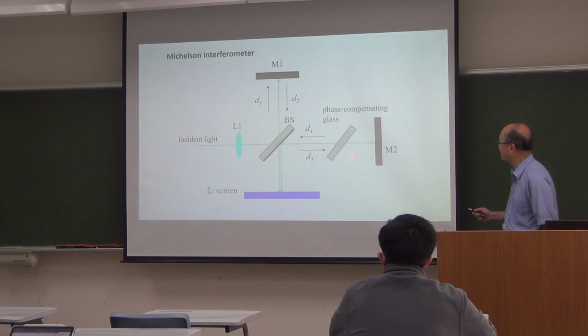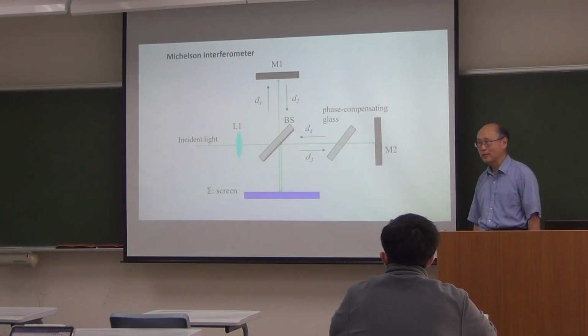So we have to put a compensating glass right here to go through this material and back again, so that if the physical path length here is the same as this one, then there's no optical path difference.